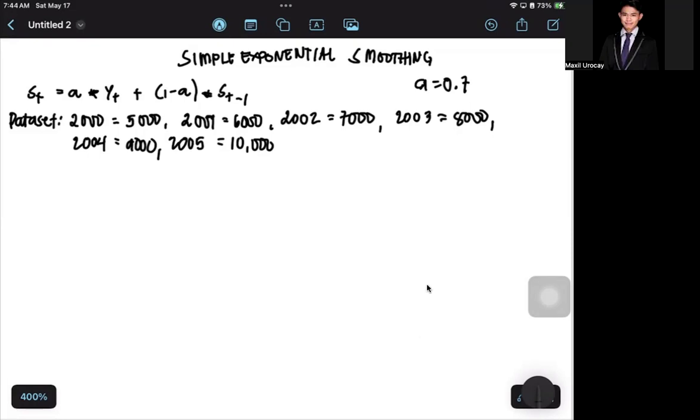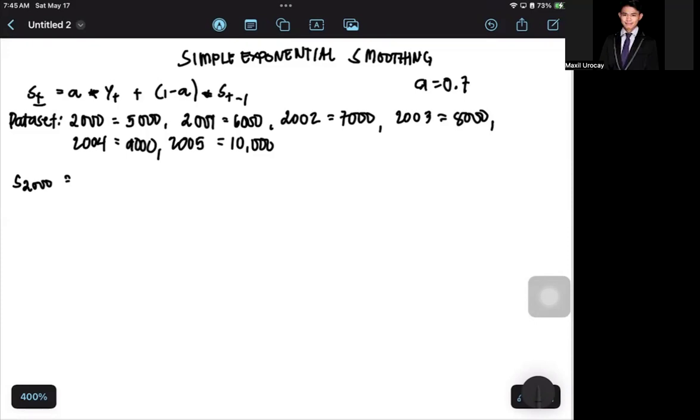Now then, the formula that we'll use is this one: S_t = alpha times Y_t plus (1 minus alpha) times S_(t-1). For S2000, you first have to initialize. Your S1, or S2000, is equal to Y1.